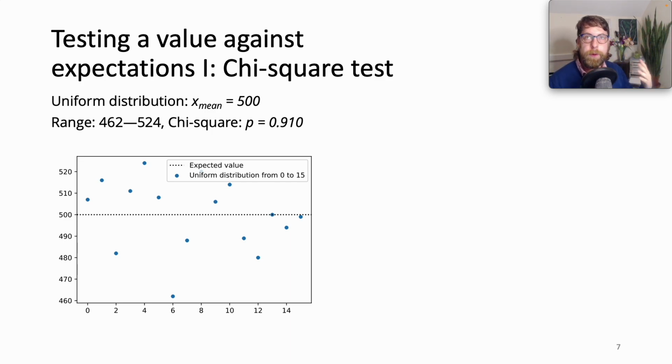And so if we have things that are above or below that expected value, that doesn't mean that it's not random, or that there's no information to be learned from this. Rather, if we have a random distribution, we should expect a little bit of variation.